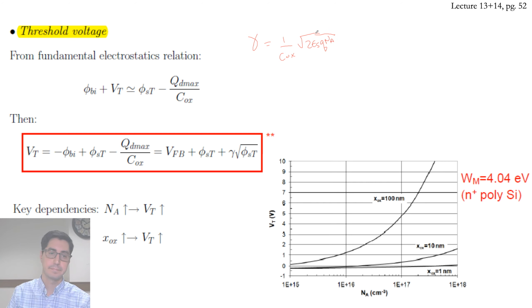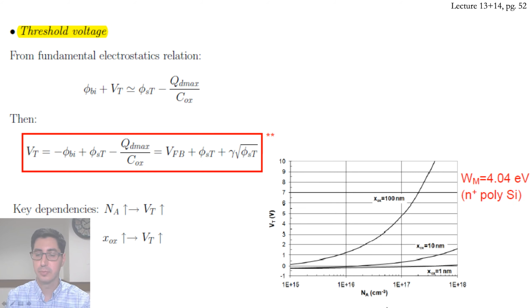So as X-ox increases, C-ox decreases, increasing gamma. Okay, and you can see that in the plot here. So as X-ox increases, at a given doping, you can see that my threshold voltage increases substantially.